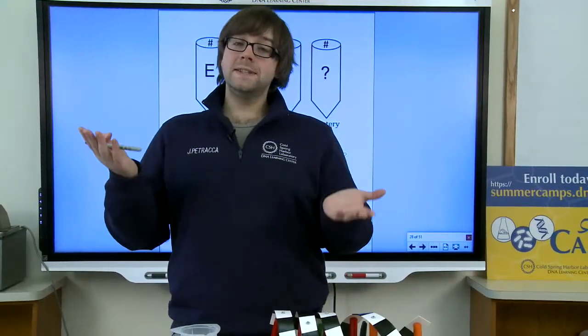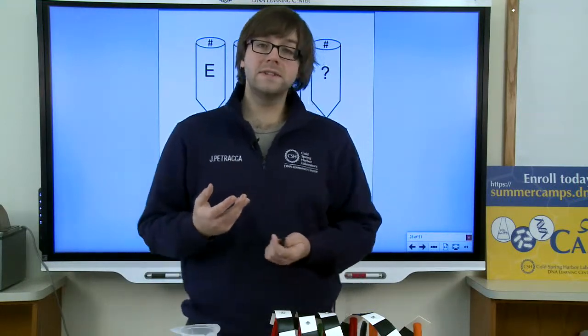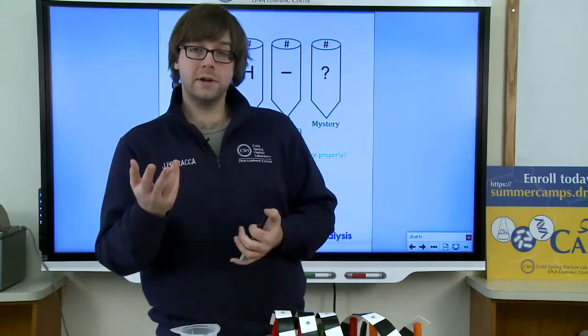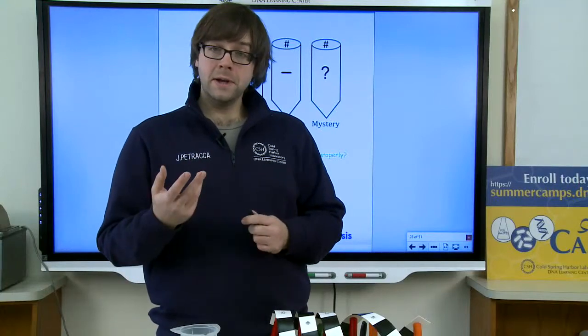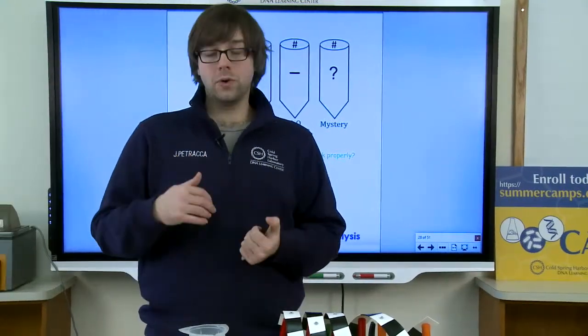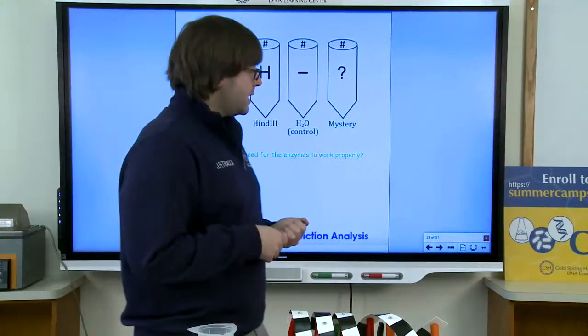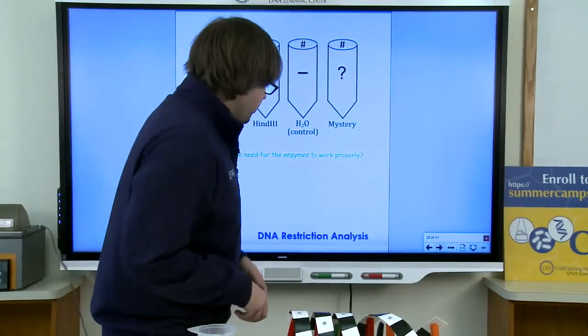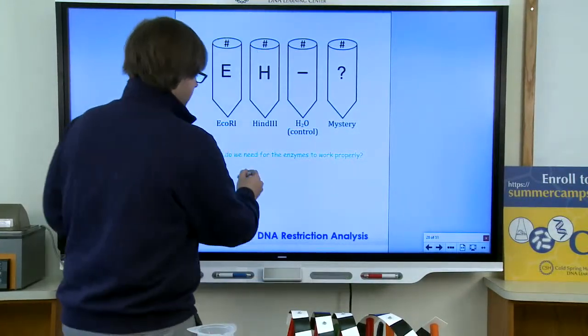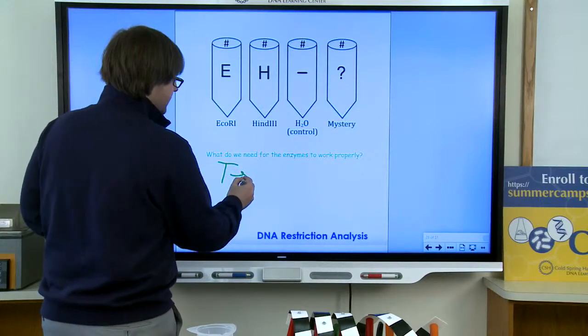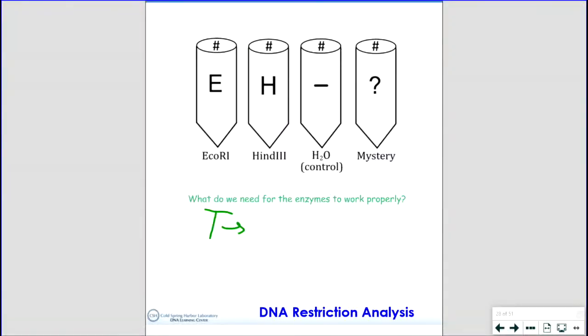Fluctuations in temperature and pH can wind up changing the way that those enzymes behave chemically, usually by altering their shape or their chemistry. And so we need to control for those things. Temperature is not going to be a big deal. We are going to carry out this experiment at the same temperature, specifically at 37 degrees Celsius.